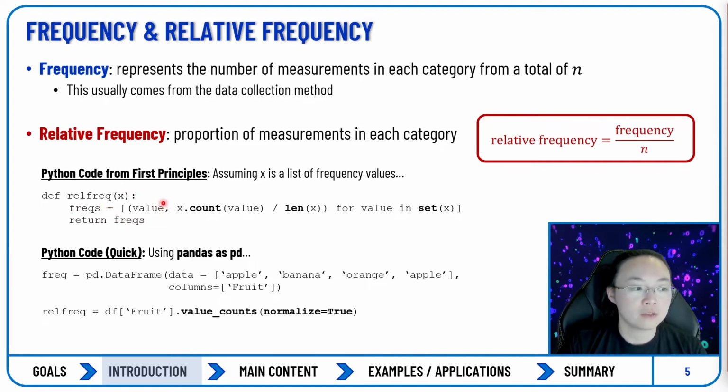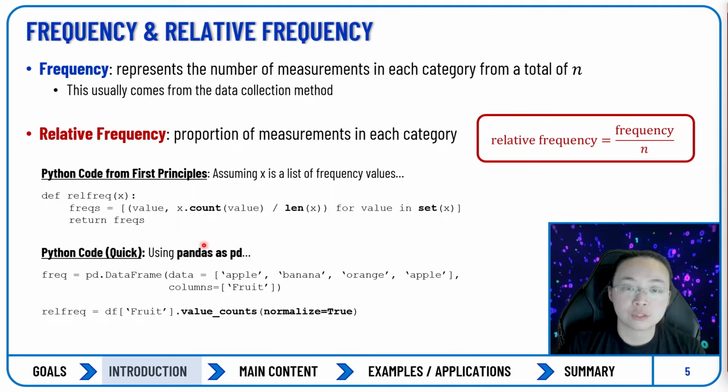You count the number of values that take place within a category, divided by the total number of your values, for each value in a set of categories to look at. So this would be coding your relative frequency equation from first principles.